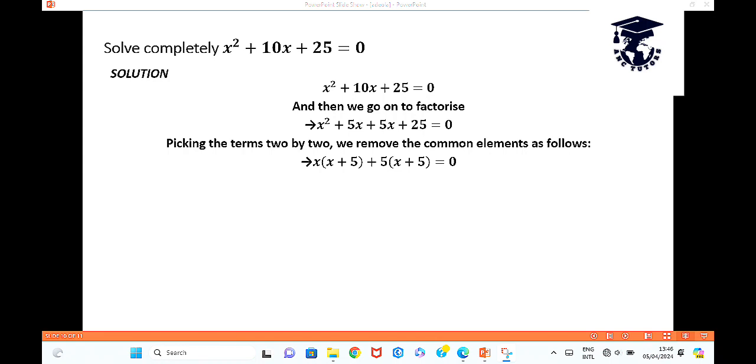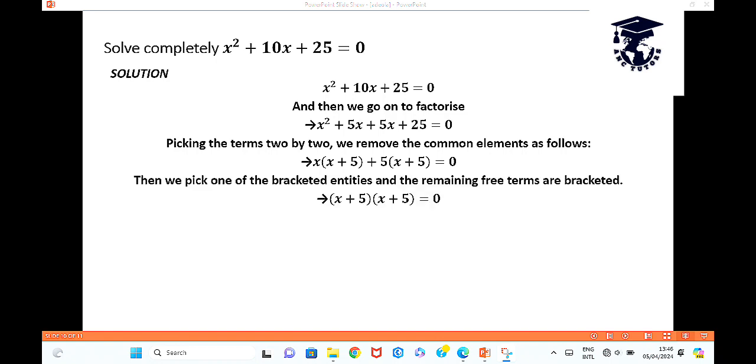Then we close the bracket and equate it to 0. You can see that what we have in the brackets are the same thing. Please always make sure that what you have in the brackets are the same thing. If they are different, then it means you have made a mistake.